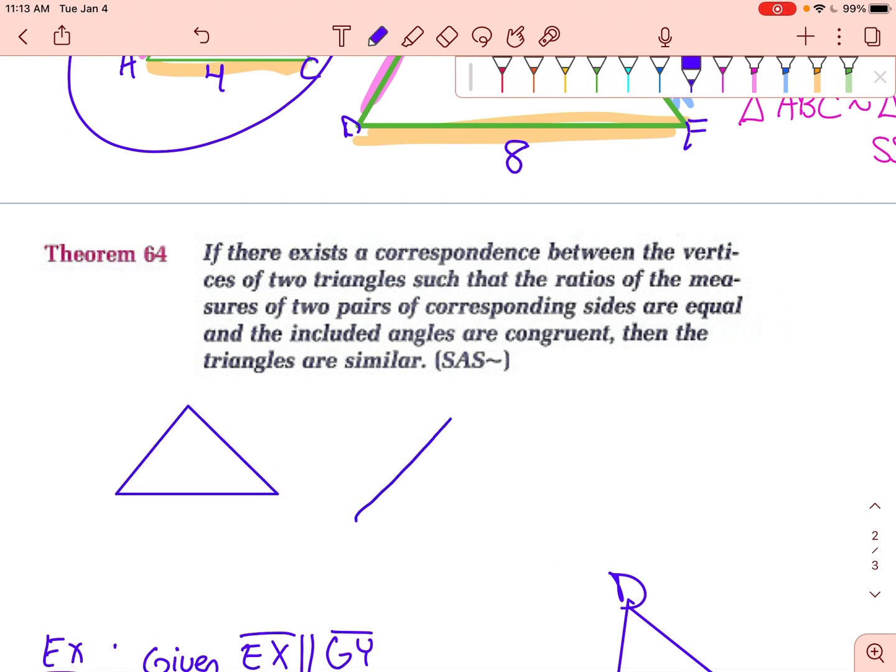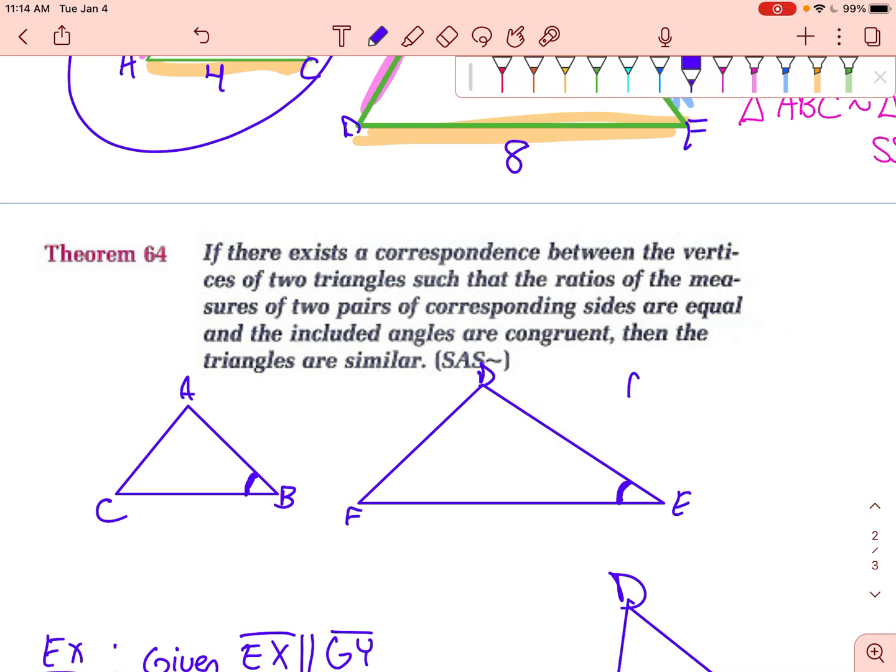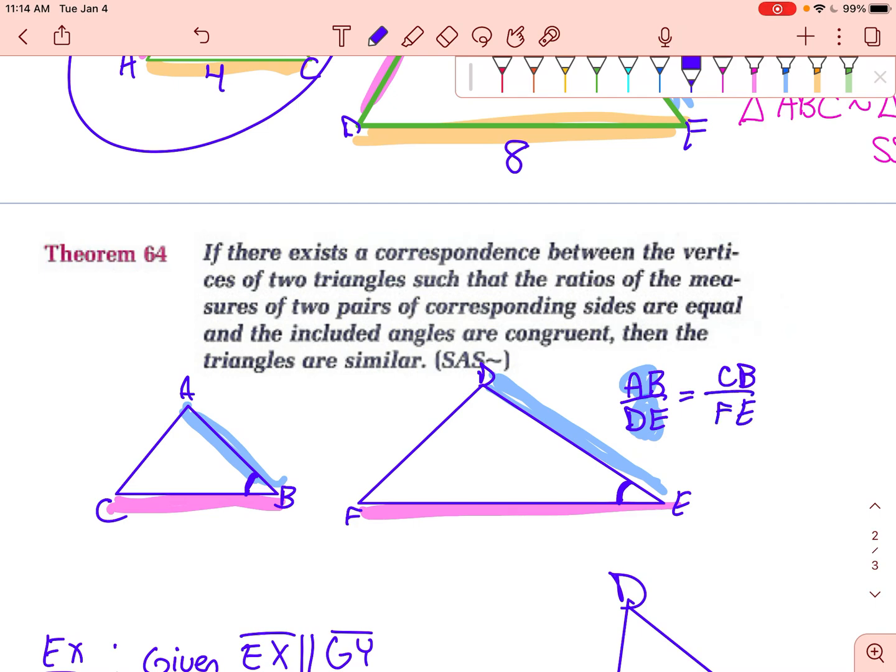If you have 2 triangles and you know that one angle is congruent to one angle, and you have sides that are proportionate, so if you know that AB over DE is the same as CB over FE, again, the sides are not equal, the sides are proportionate.